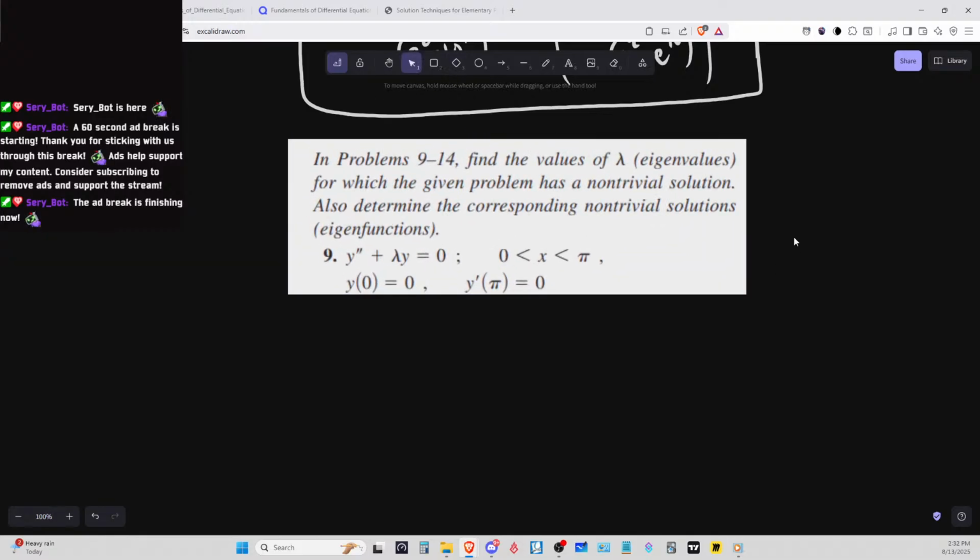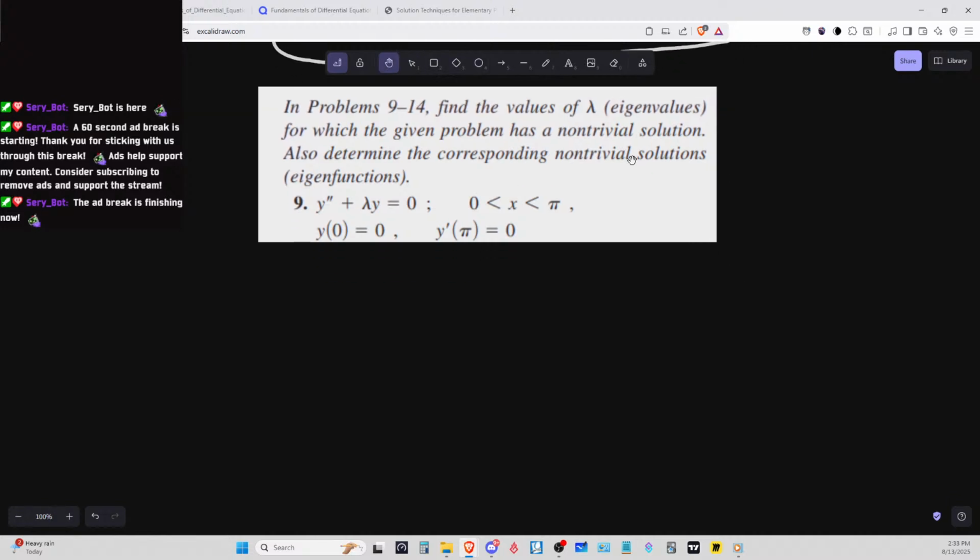Expand this. Okay, find the values of lambda, the eigenvalues, for which the given problem has a non-trivial solution. Also determine the corresponding non-trivial solutions, the eigenfunctions. Okay. I've never worked with these type of problems, but we'll give it a shot.